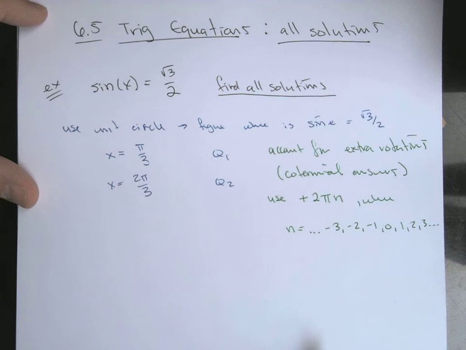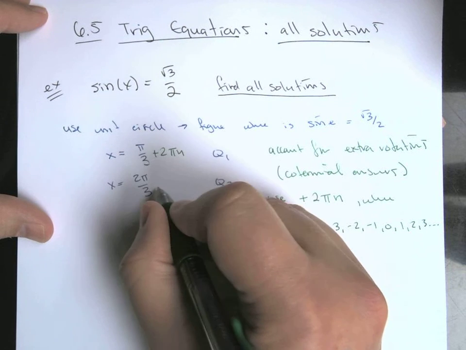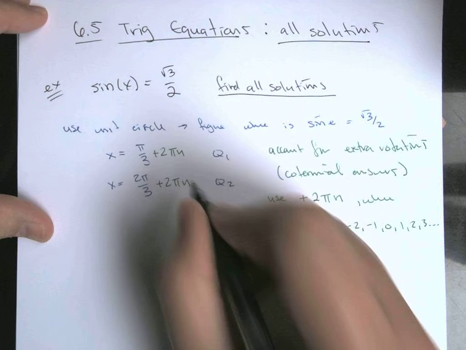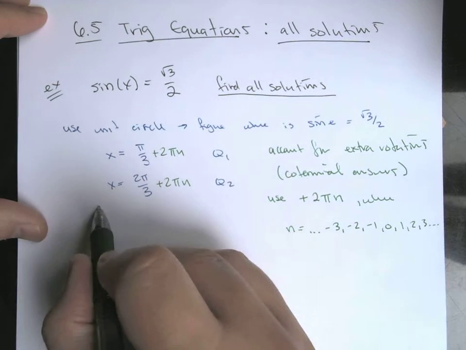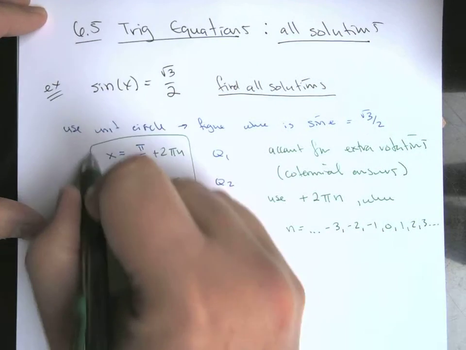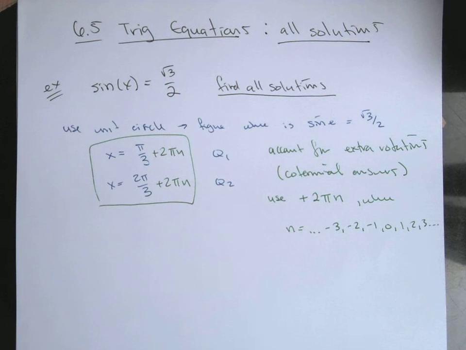And so times 2 pi, what that's going to get us is these initial positions, plus 2 pi n, plus 2 pi n. That's just going to generalize these solutions a little bit. So we get one quadrant 1 answer that we generalize with this 2 pi n, and we get one quadrant 2 answer that we generalize with the 2 pi n.